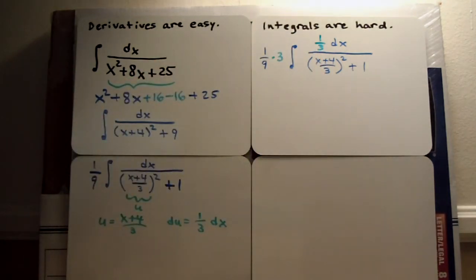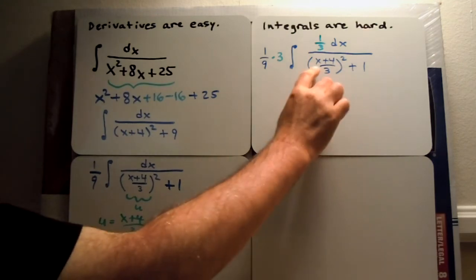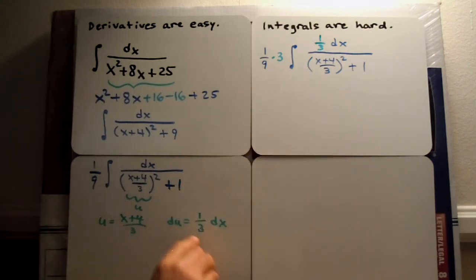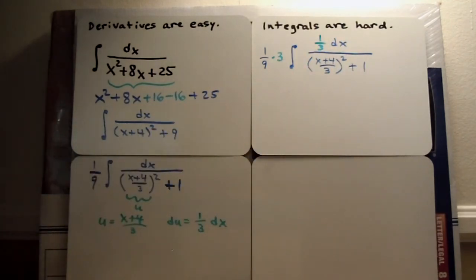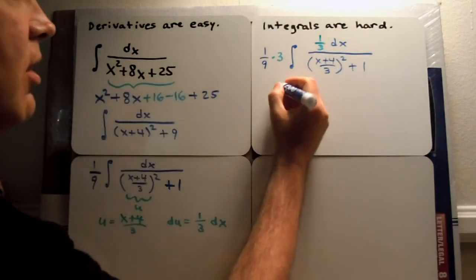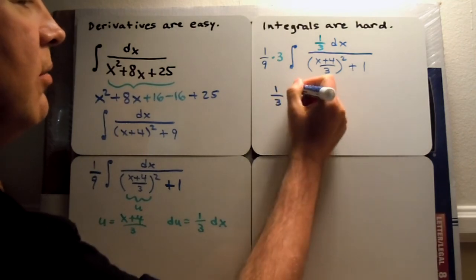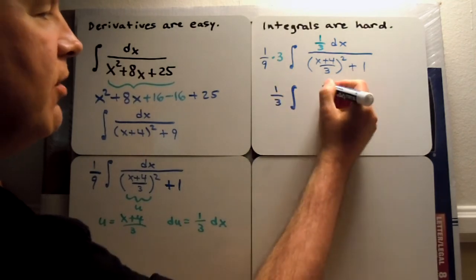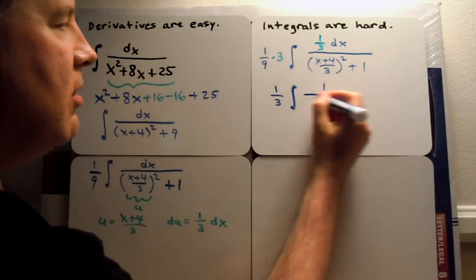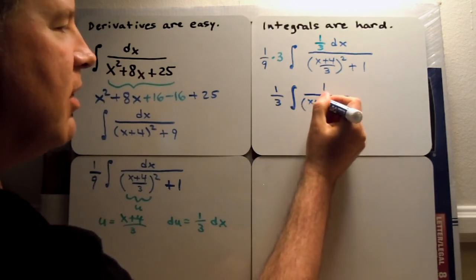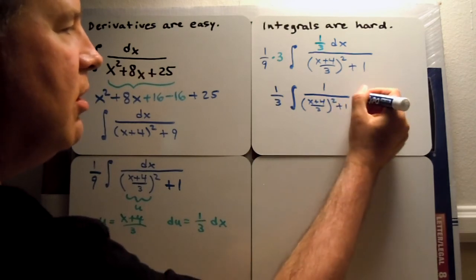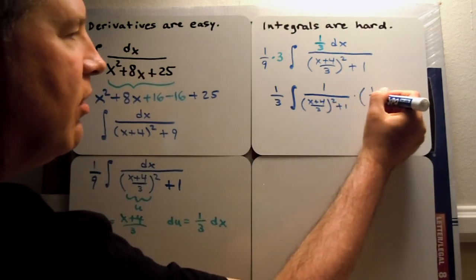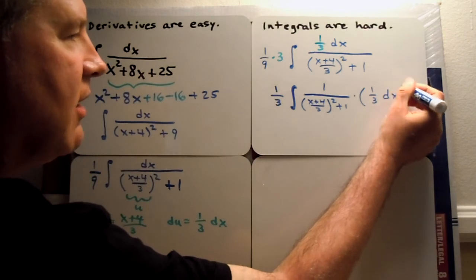So now it is the arctangent form where u is x plus 4 over 3. The proper du was 1/3 dx, and up front we have 1/3. So it is 1/3, 1 over x plus 4 over 3 squared plus 1, times the proper du, 1/3 dx.